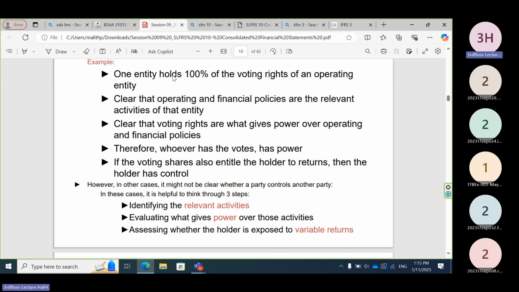How about now? You have 20% voting right. Other shareholders in PQR company, how many shareholders? 81 shareholders. 80 shareholders having 1%, you having 20%. Then you can control. Why? You have more power through the voting right.